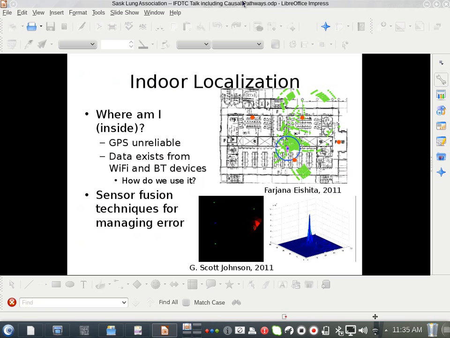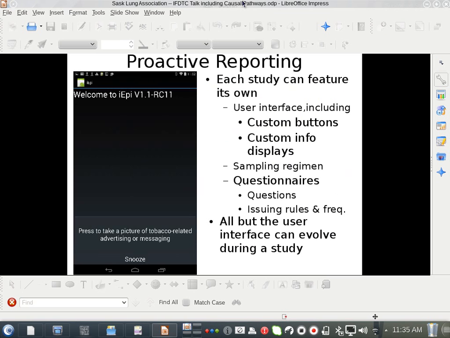We can capture information about where they are within a structure, even within a building, and we can support studies, and we've done a number of these now, where we use buttons on the device so the participant can proactively report certain things. In this case, this is a study we're running with Dana-Farber, Harvard, and American Legacy Foundation for reporting exposure to tobacco-related messaging.